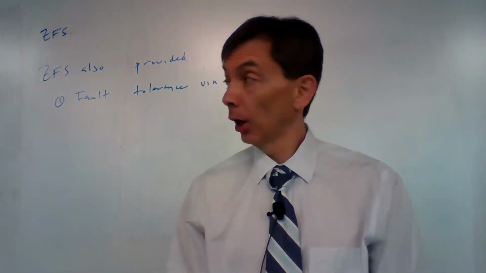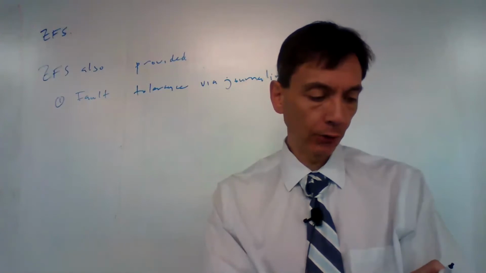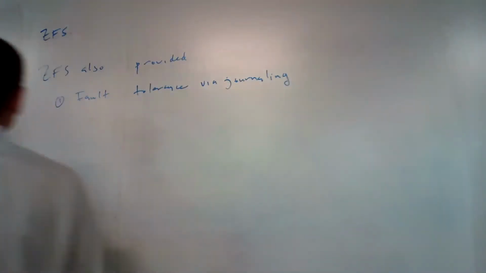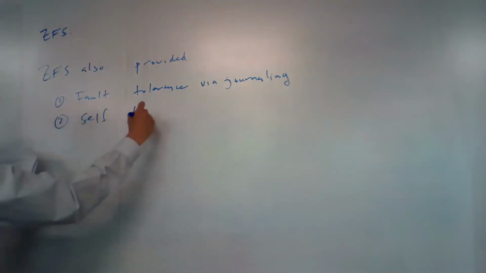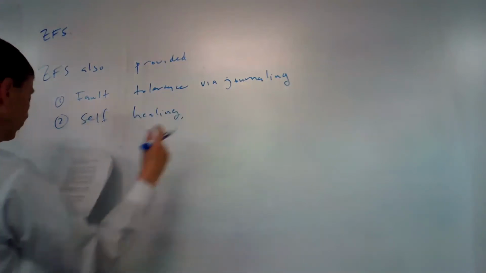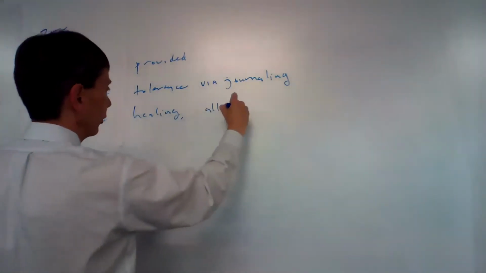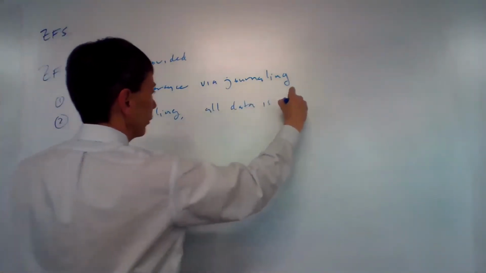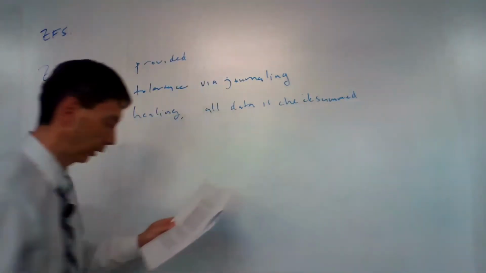So, all right, let me just quickly finish this off, and then we'll be done for the day. And so the second thing that ZFS provides is self-healing. So all data is checksummed. Okay.